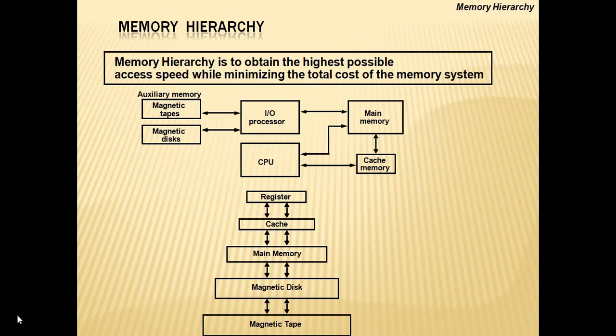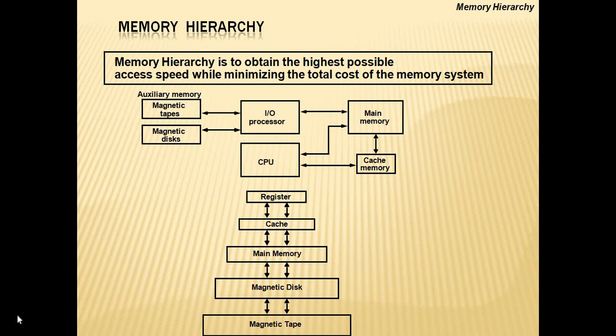The total memory capacity of a computer can be visualized as being a hierarchy of components. The memory hierarchy consists of all storage devices employed in a computer system, from slow but high capacity auxiliary memory, to relatively faster main memory, to even smaller and faster cache memory accessible to high speed processing logic.